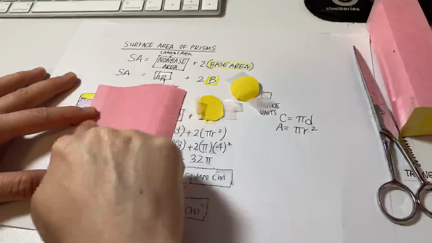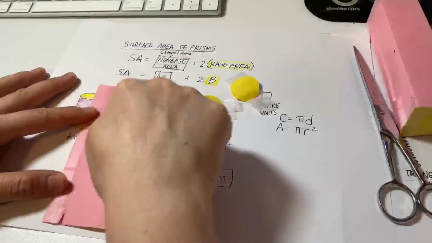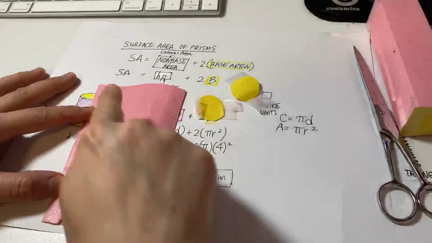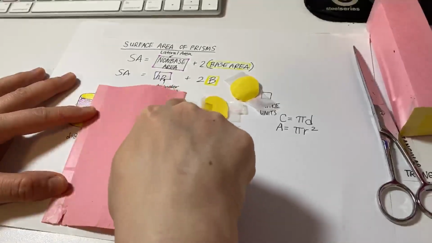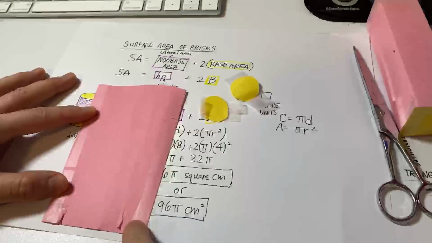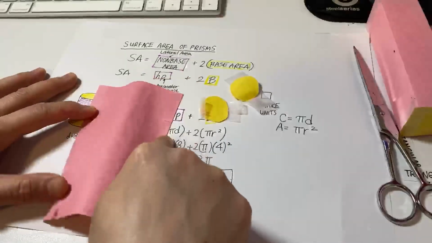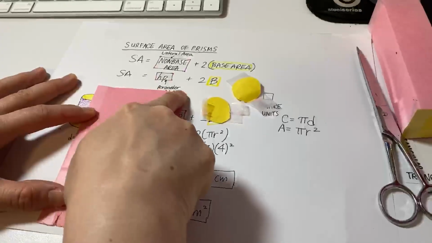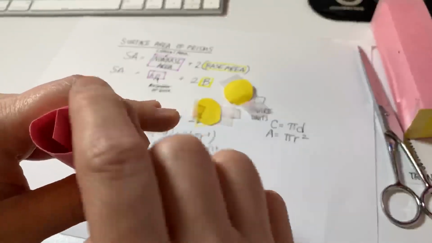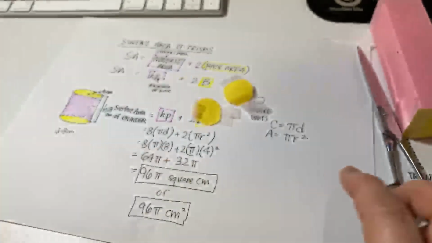So if I wanted to find the area of this pink rectangle when I spread it open, it would be length times width, right? Well, here, H is the distance between the two congruent bases, and this P would have been the perimeter of the circle, because if I put it back, that would have been the perimeter of the circle.